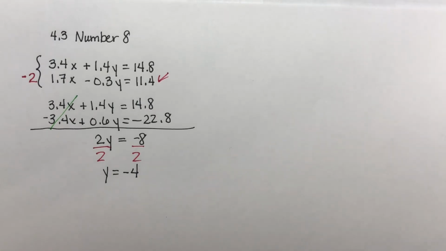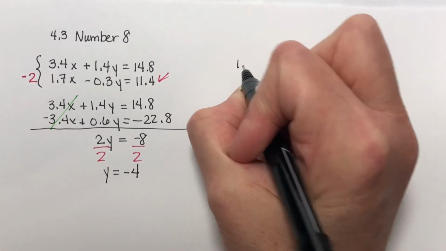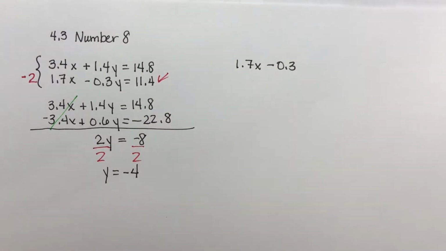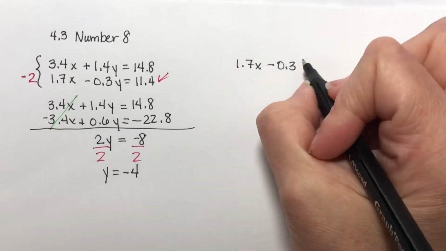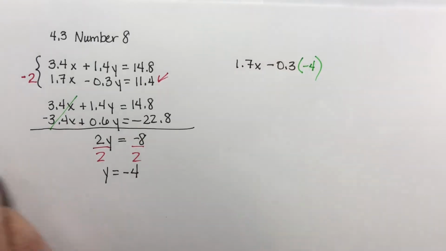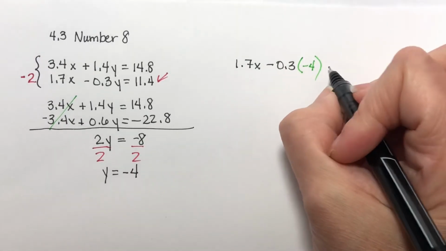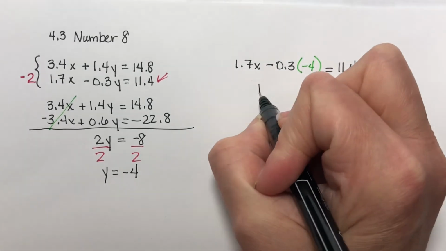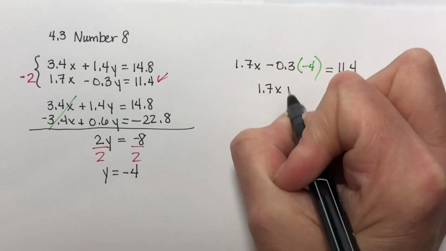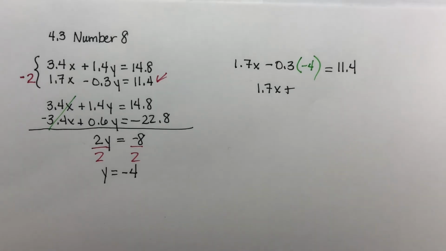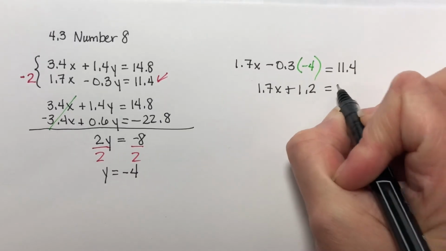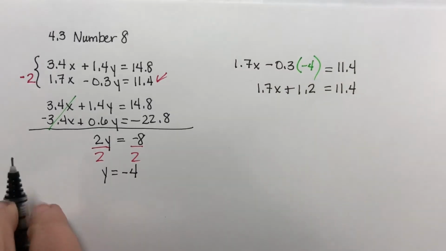Okay, that will be 1.7x minus 0.3 times y, and our y value is negative 4. And that needs to equal 11.4. So we have 1.7x plus 0.3 times 4, which is 1.2, and this needs to equal 11.4.